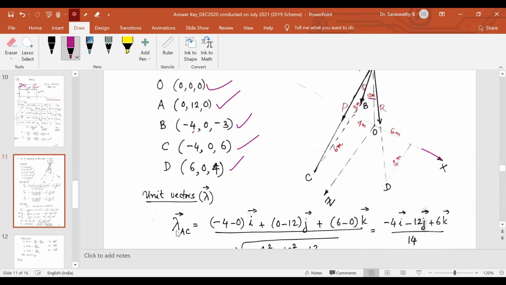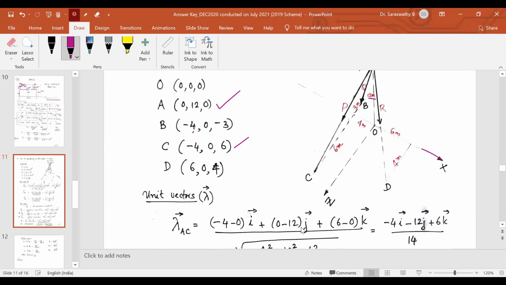Direction AC. So we have to write C minus A. So the coordinate of C is here, coordinate of A is here. I'll remove all other things. Take these two. Unit vector in direction AC is C minus A. So coordinate of C, minus 4 minus 0, i, 0 minus 12, j, 6 minus 0, k.